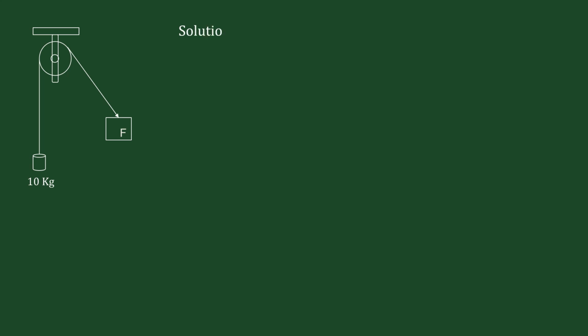Let us see the solution now. From the figure it is very clear that T2 is equal to 10 kg and T1 is equal to 1.5 kg. We know that T2 is always greater than T1, and that is why 10 should be T2 and 1.5 must be T1. Mu is given as 0.3.